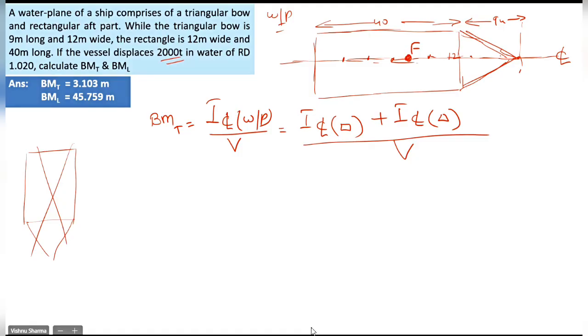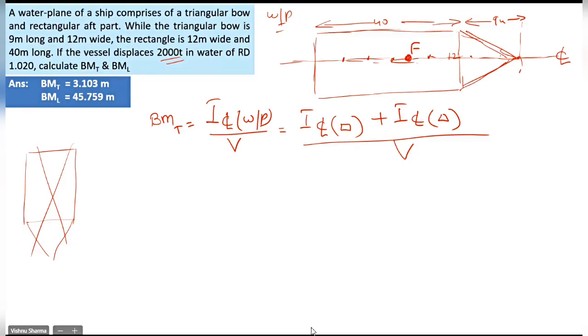Yes. Is it parallel to one of the sides? Yes. So it's a standard axis for rectangle. Is it a standard axis for the triangle? No, sir. Very good. Because the standard axis for triangle was parallel to the base, and it is not parallel to any of the three sides, right?